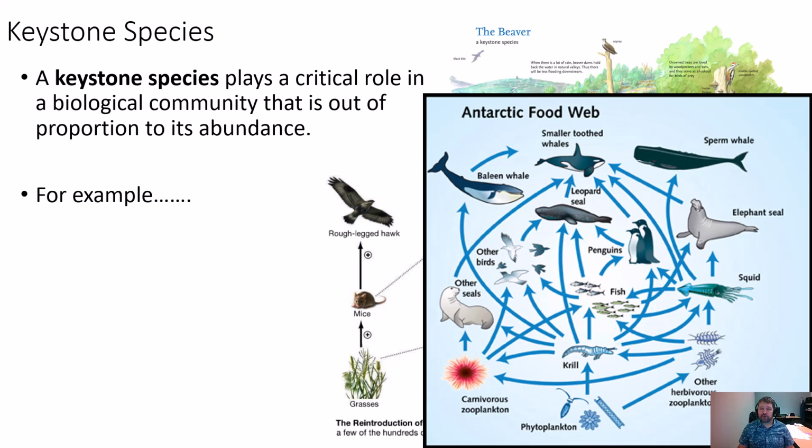it's going to have a drastic effect on the organisms within that ecosystem. See, krill is one of those primary consumers. Okay, they're consuming that phytoplankton, but their numbers are huge.